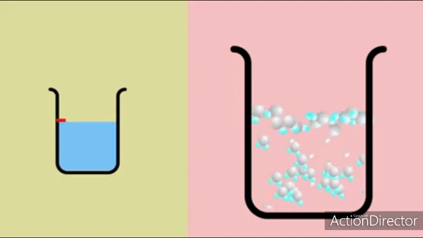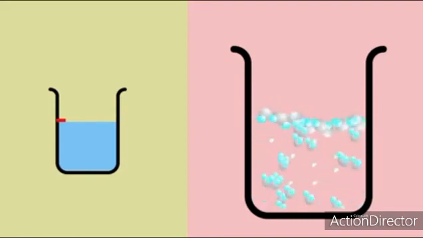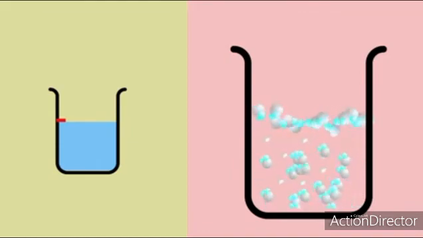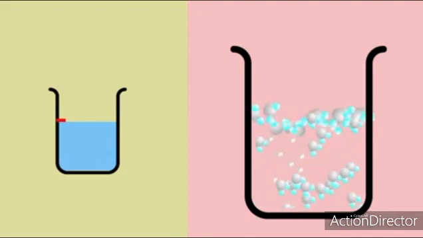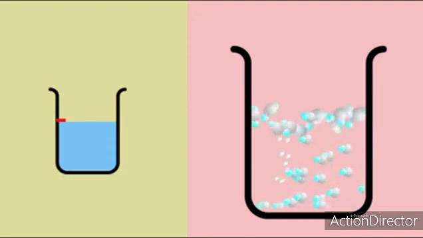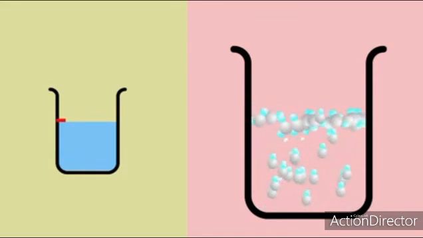At this level, sugar crystals are invisible to us and we can't see water molecules. Until now, you must have also understood that the water level in the beaker has not risen because sugar crystals have occupied the already available empty space between water molecules.